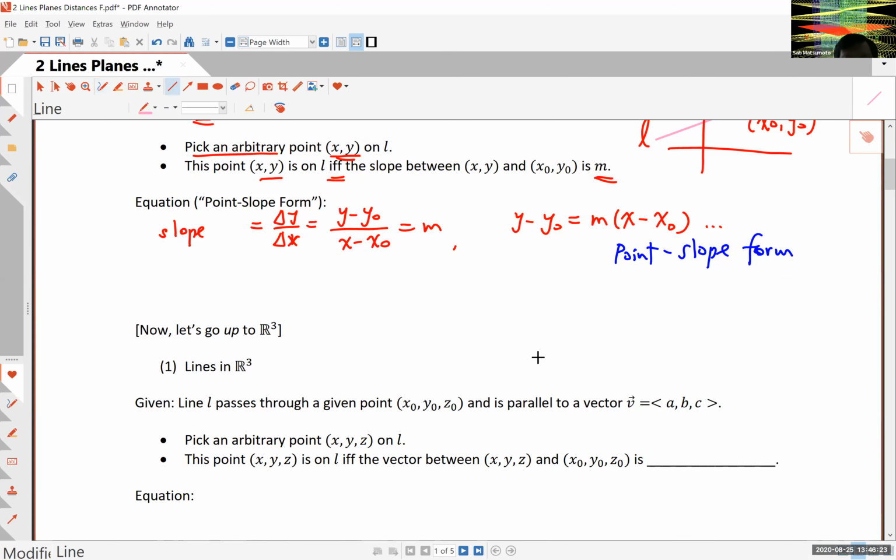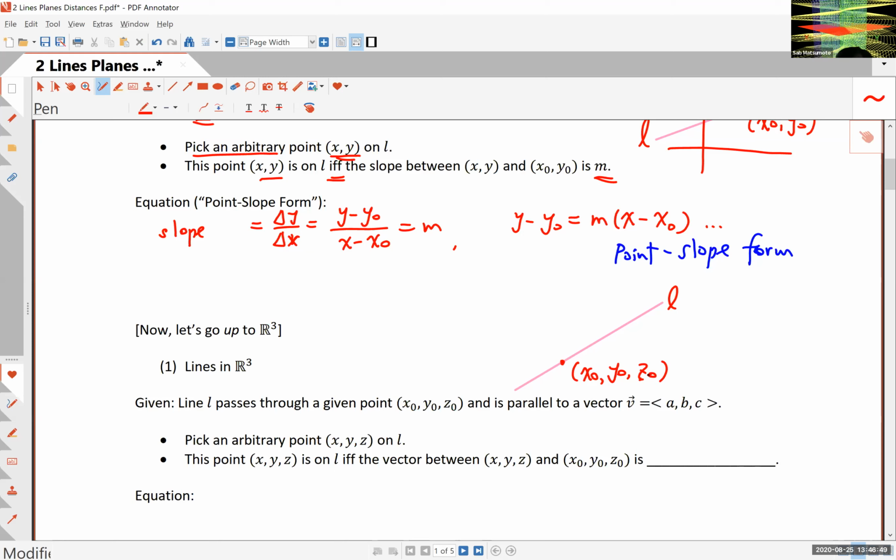So for instance, now let's think of a line, okay? This line is actually in 3-dimensional space. I know you can't see it, but the background is 3-dimensional space. And you have to be given a few things. First, let's say this line goes through the point X naught, Y naught, Z naught. Now that's clearly not enough to define this line, because how many lines go through a particular point?